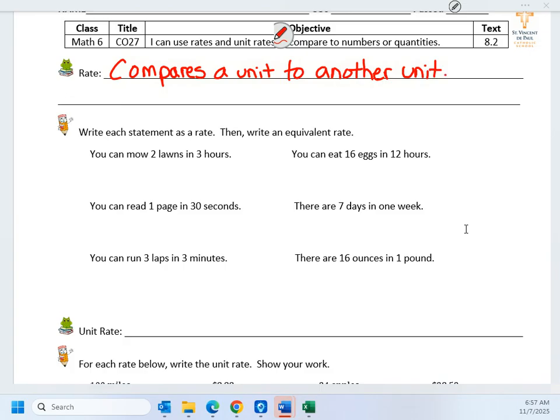An example would be minutes per hour. Or we could say miles per hour, like in a car. So if you're driving, how many miles per hour can you go? So let's go with miles instead of minutes.